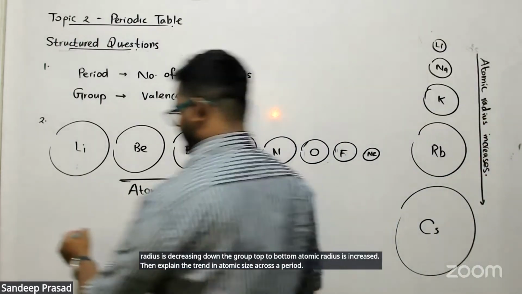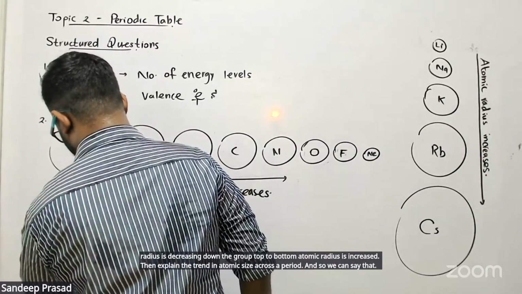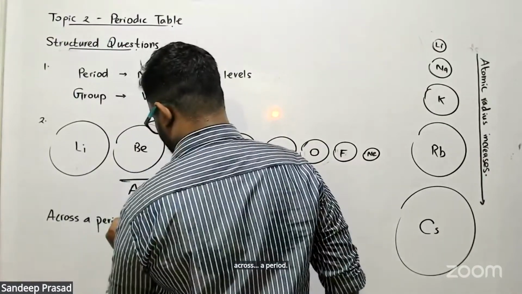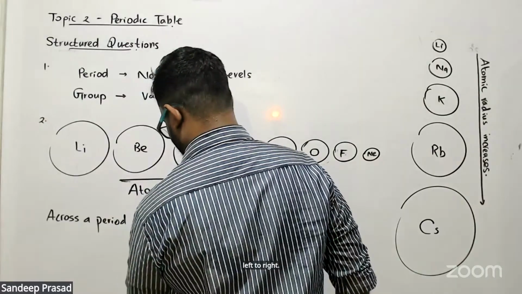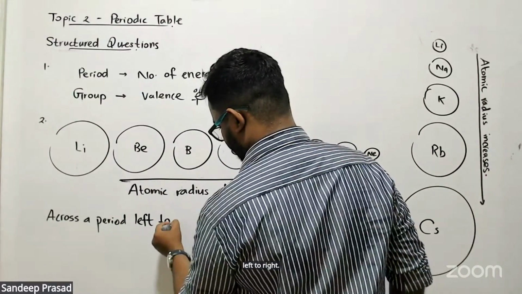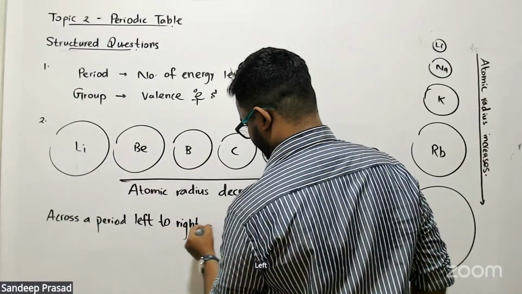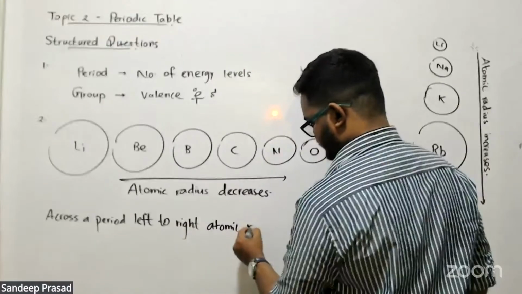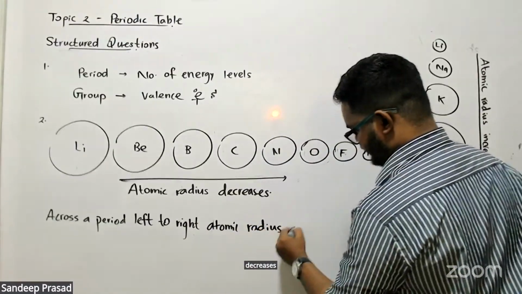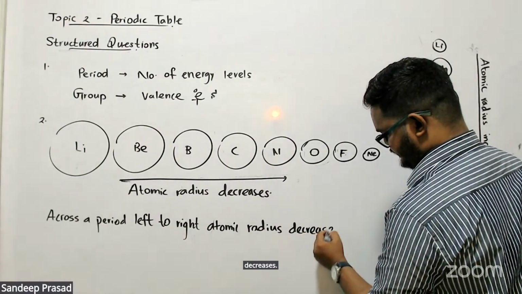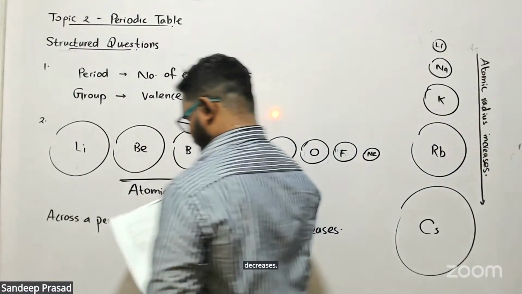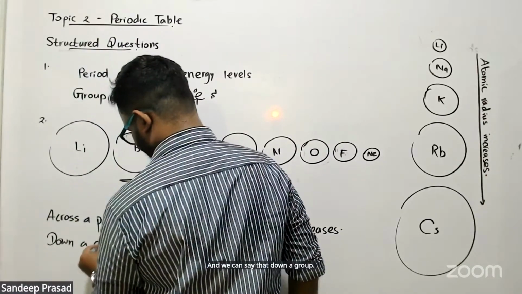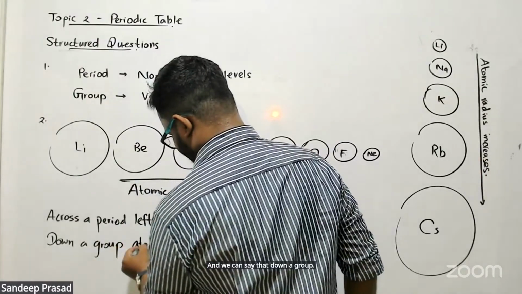So we can say that across a period, left to right, atomic radius decreases. And down a group, atomic radius increases.